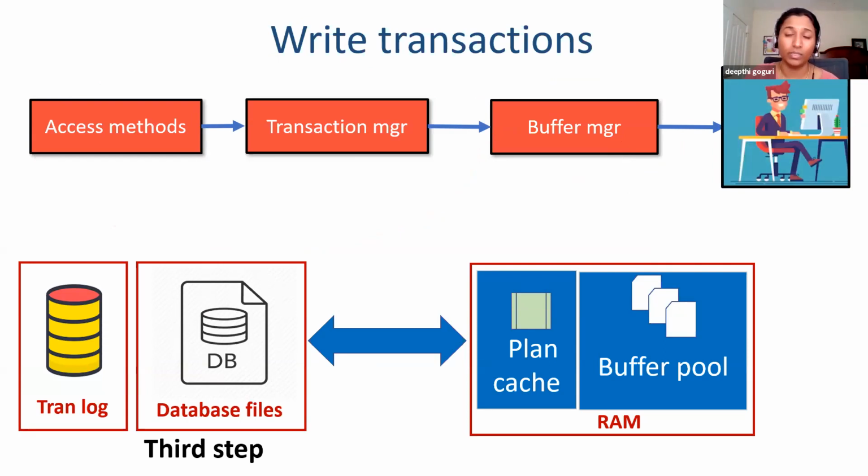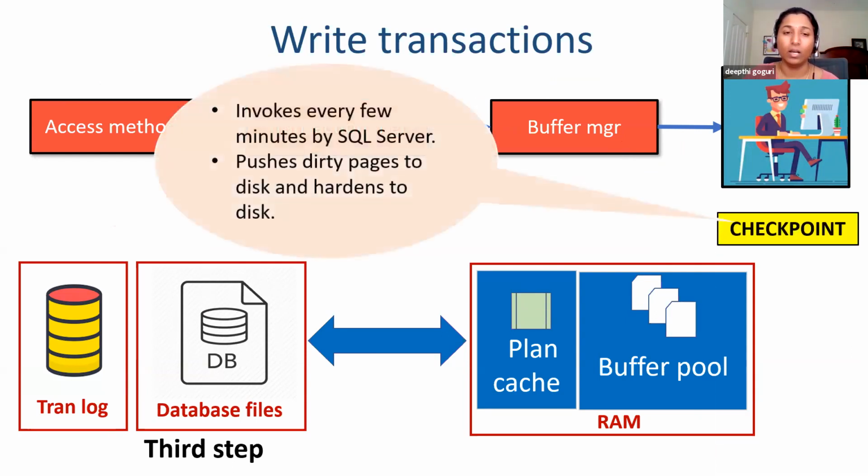Now, did you observe something here? The data pages have already been modified inside the buffer pool, but they are not yet hardened to the database file system. That's when the checkpoint process will kick in to push back these dirty pages and harden them onto the database file system. That's how the write transaction works.